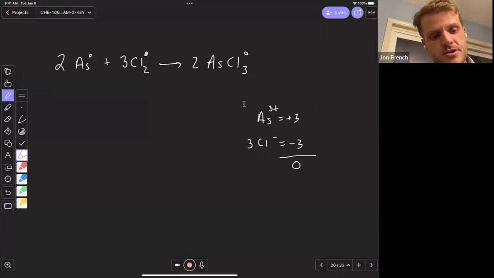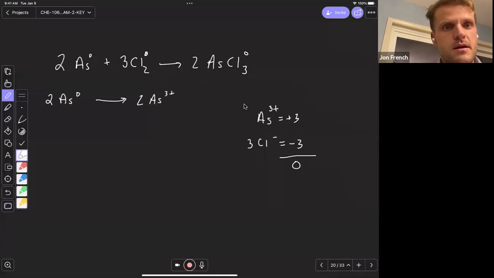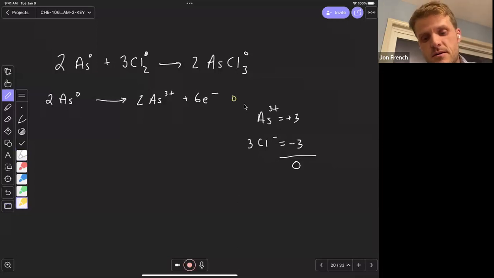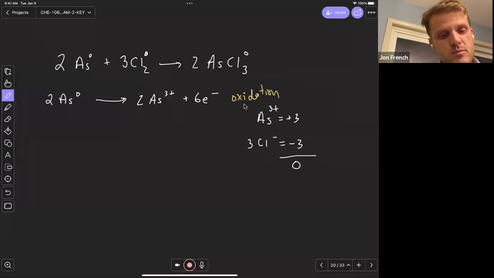If we look at the half reactions, I'm going to have 2 arsenics go from 0 to 2 arsenics that go to 3 plus. Just like Sophie said, 6 electrons have to be transferred. So that's our oxidation half reaction, which makes our reduction half reaction. I've got 3 chlorines that are 0.